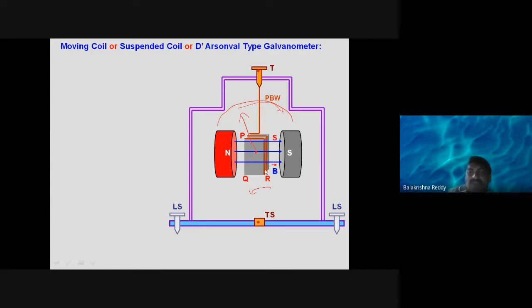Along this soft iron piece, I have wound a wire. Winding a wire means it acts as a coil. Normally, we prefer to use a copper wire. The wire is wound like this, and at the bottom I'm connecting it with a spring and an edge support.